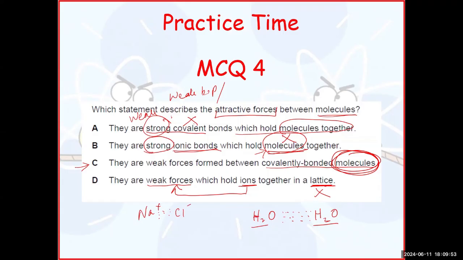Here the forces are amongst the molecules, H2O and H2O, attracting each other. So they are very weak forces. If I say carbon dioxide, carbon dioxide, these are many molecules attracting each other with very weak force. This weak force is called intermolecular force because it exists between two molecules. Is that clear?